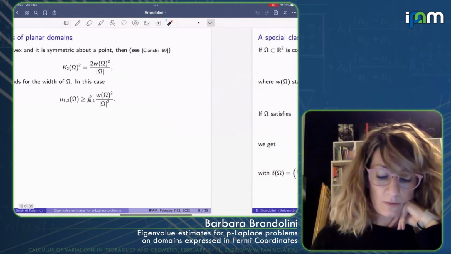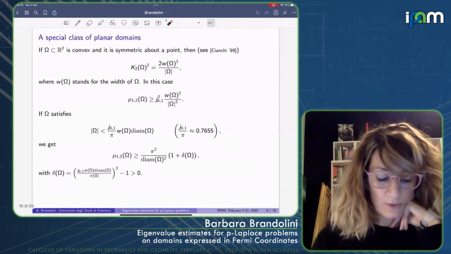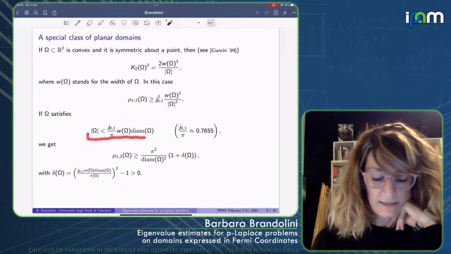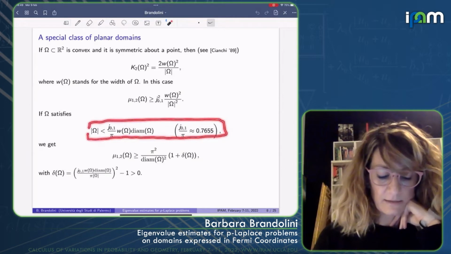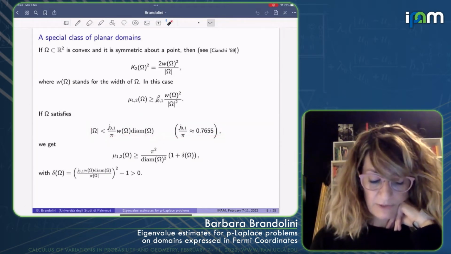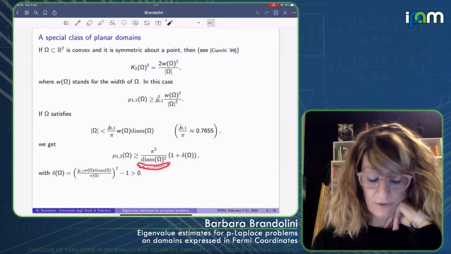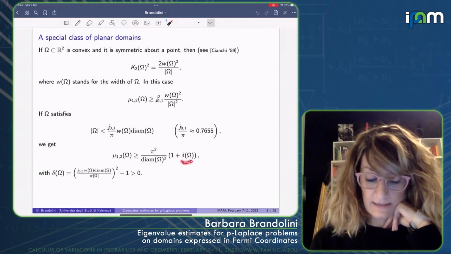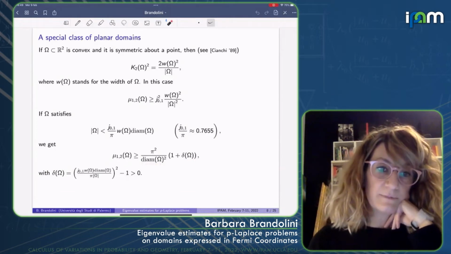And so if we suppose that omega satisfies this inequality, which means that the set has to be small enough, then we have an improvement with respect to the classical Payne-Weinberger inequality, because we can add on the right-hand side this delta omega, which is strictly positive.